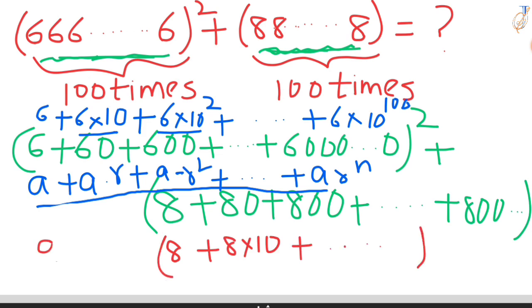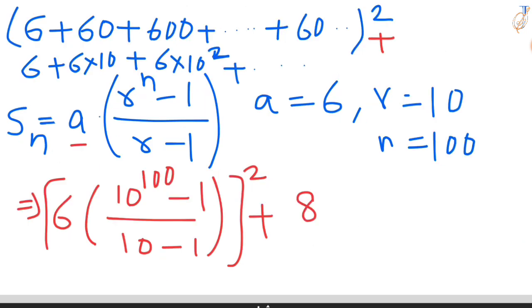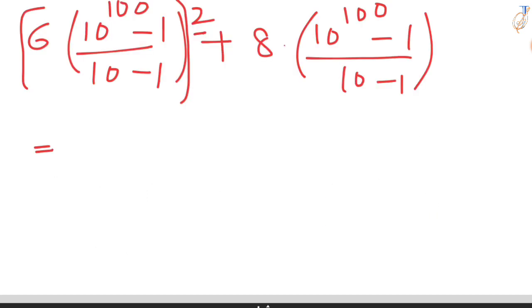That means a value is 8, r value is 10 and the n value is 100. So 8 times 10 power 100 minus 1 by 10 minus 1. This square is for 6 also. So that's why 6 square by, in the denominator you have 10 minus 1, so that is 9 square.